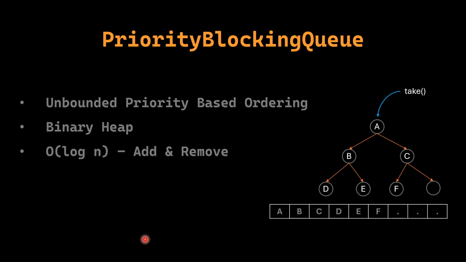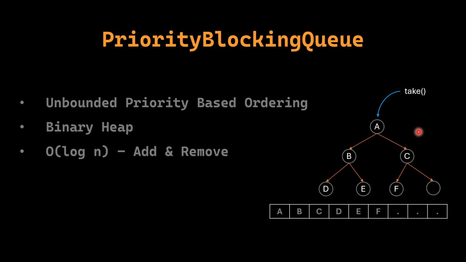Unlike the first in first out ordering of other blocking queues, priority blocking queue processes elements based on priority. This makes it ideal for scenarios where some tasks are more urgent than others, like emergency message handling or task scheduling systems. Let's understand its internal data structure.